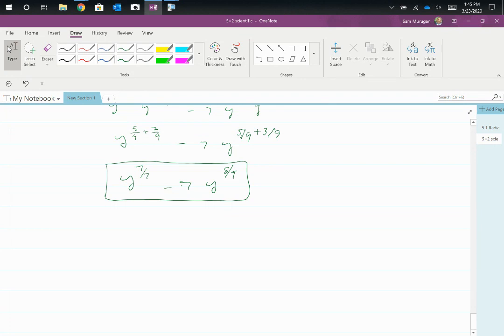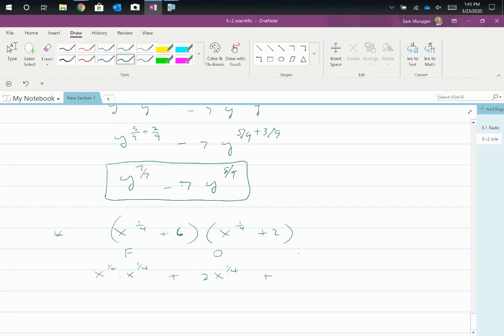And then if you're doing a problem such as this one, x to the power 1 over 4 plus 6, times x to the power 1 over 4 plus 2. You would use FOIL here: first, outside, inside, last. So FOIL, first: x to the power 1 quarter times x to the power 1 quarter. Outside: 2 times x to the power 1 quarter.